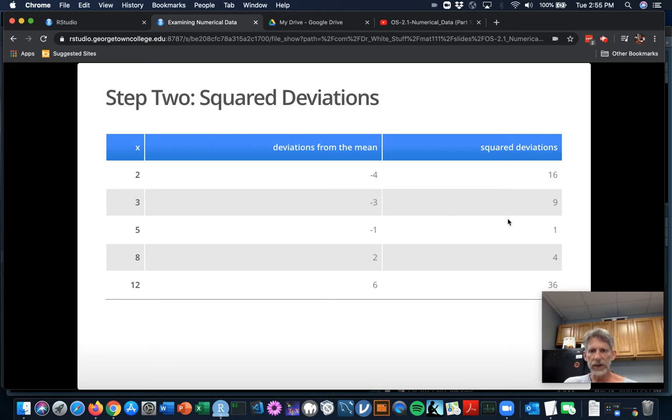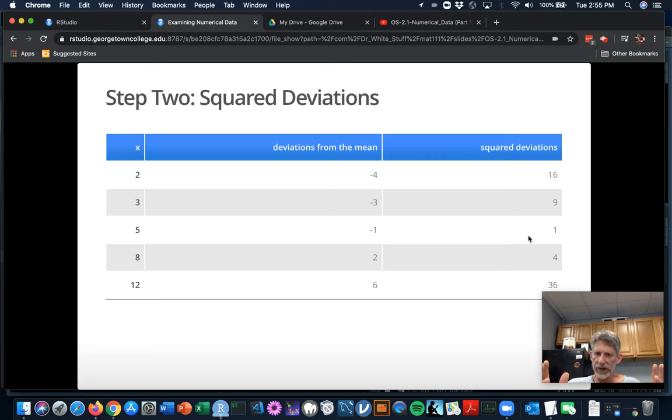Squaring the -3, you get a 9. Squaring the -1 deviation that comes from the data value 5, you get a 1. The data value 8 was 2 above the mean of 6. Square that, you get a 4. And the last data value of 12 was 6 above the mean. Square that, you get a 36.